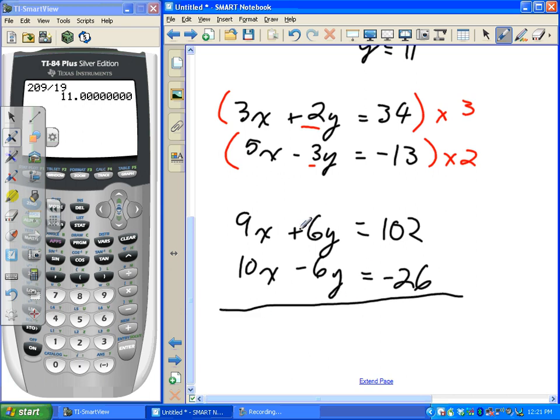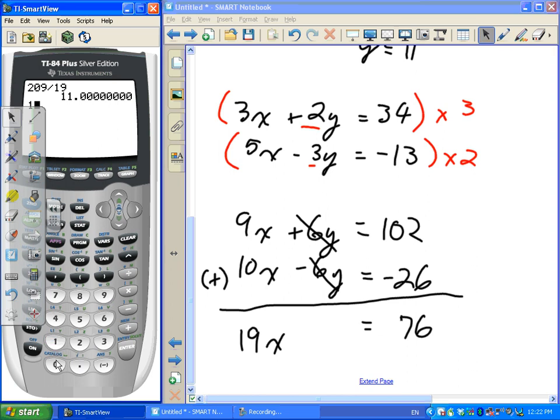Now, here I have plus 6 and negative 6. So I'm going to add the two equations to eliminate the y's. When I get 6 plus negative 6, these two will cancel out. I'm going to have 19x is equal to 76.